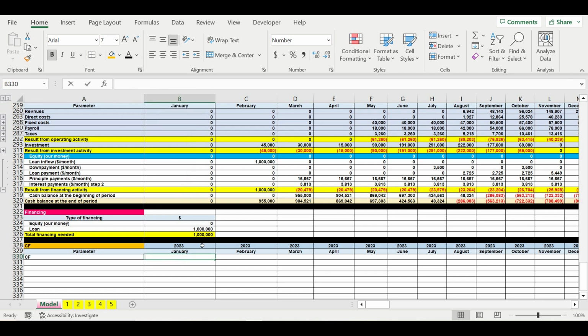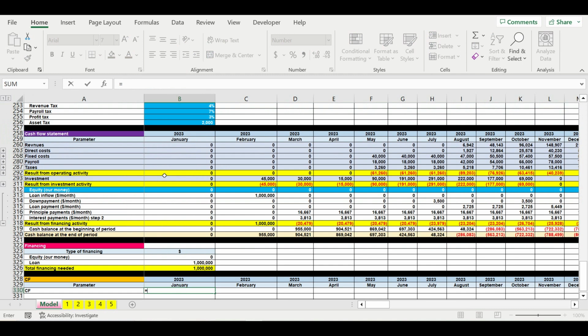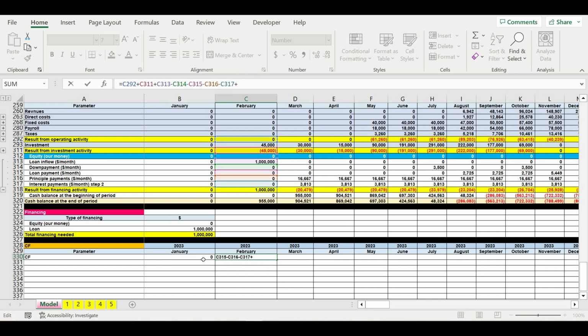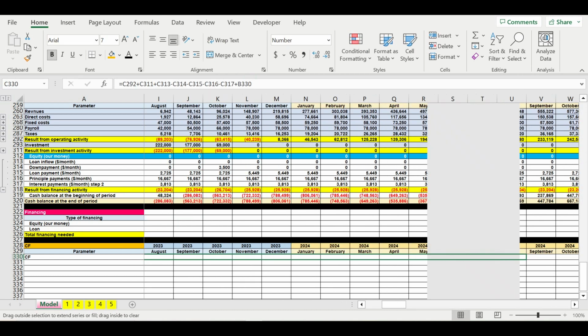So what I will do now, I will take the result from operating activity plus the result from investment activity, then plus loan, and then minus all these values from financing activity. Then I will extrapolate this formula to the right and make it cumulative. Now let's extrapolate this formula to the right.